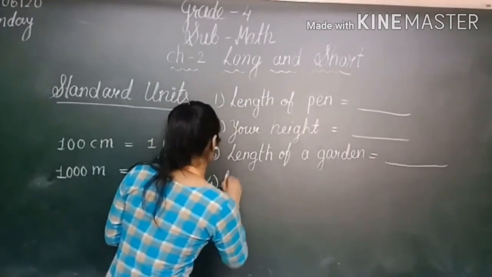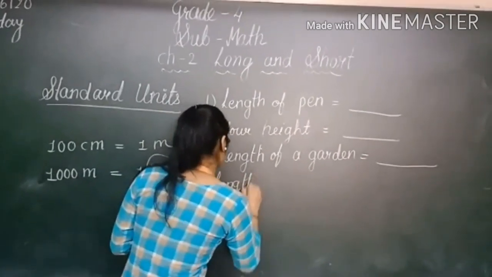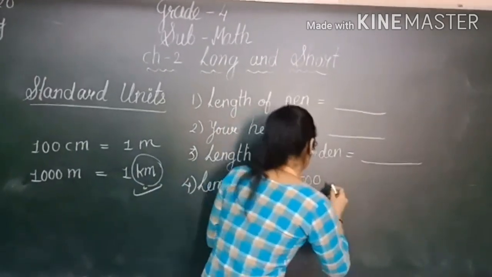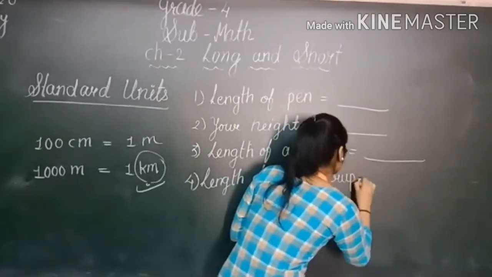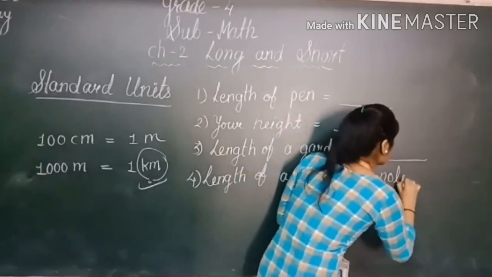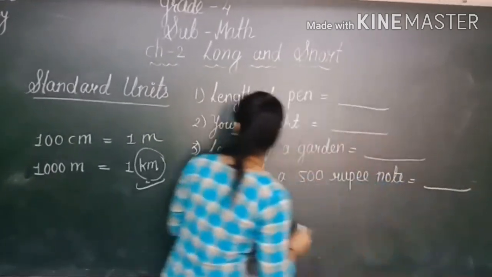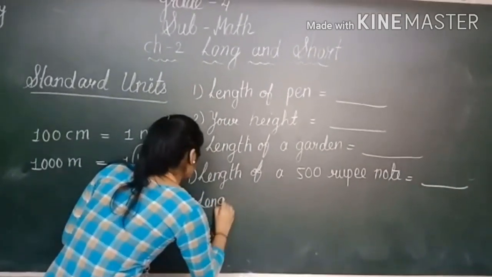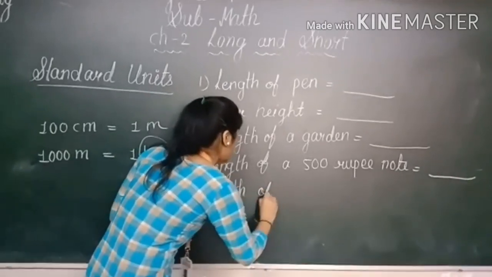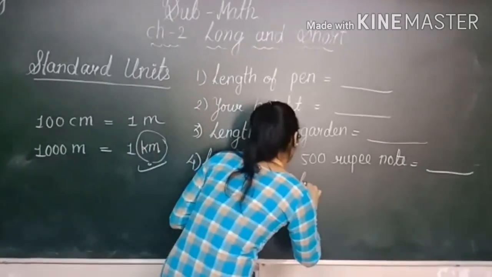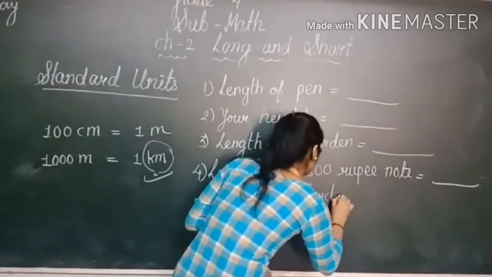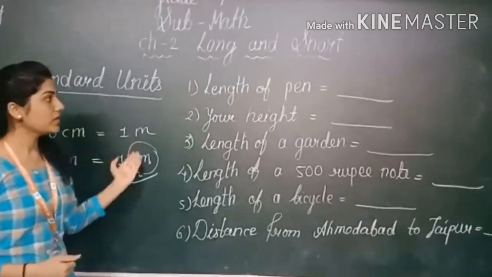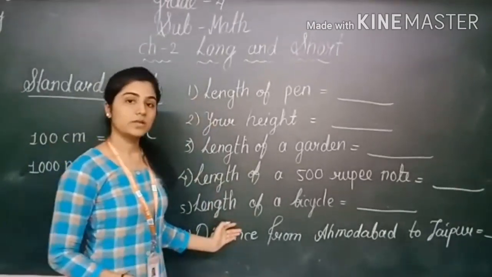Fourth is length of a 500 rupee note. Fifth and last one is length of a bicycle. Now, on the basis of the standard units, we are measuring these different lengths.